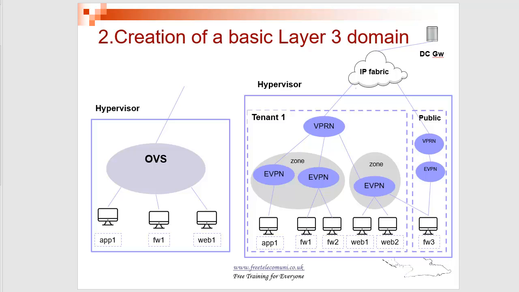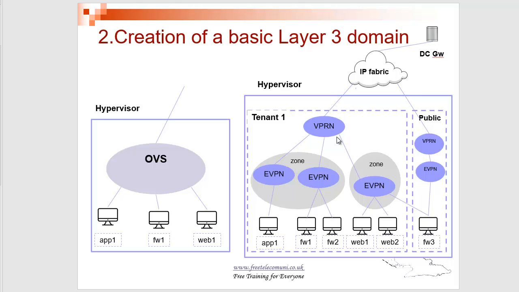Now what I would like to do is create a routed service, a layer 3 domain as we call it. So the plan is to create, as you can see here, a VPRN, as Alcatel or Nokia call it, a VPRN service, a layer 3 service, or a layer 3 domain.